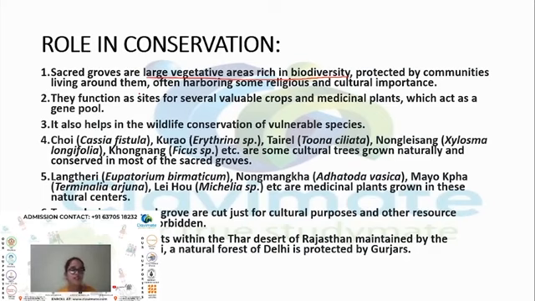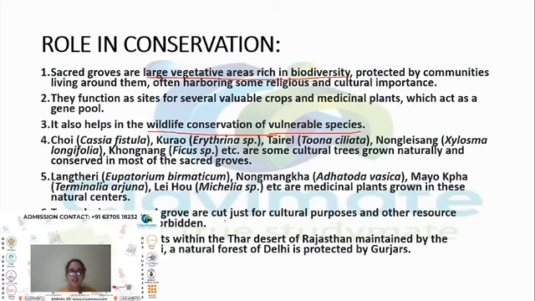They function as sites for several valuable crops and medicinal plants. It also helps in wildlife conservation, so that we can start an insight into the conservation of species.